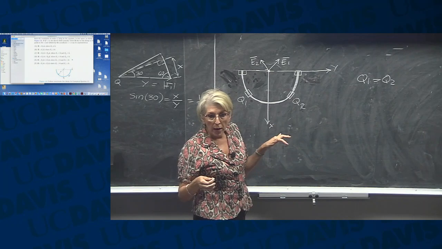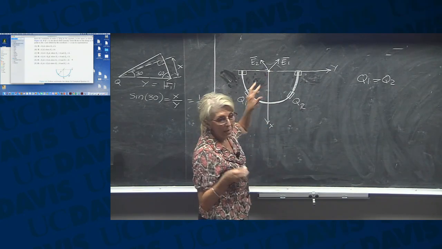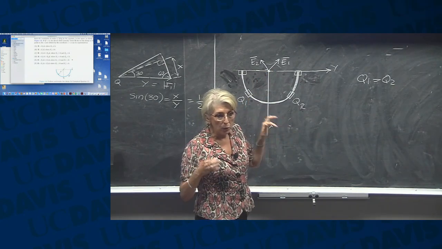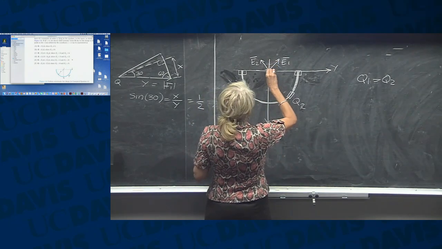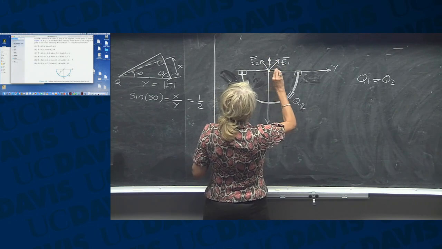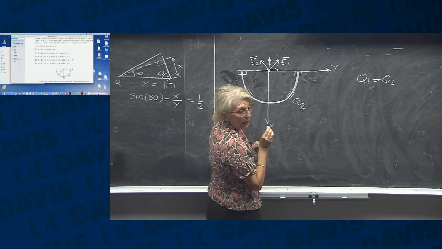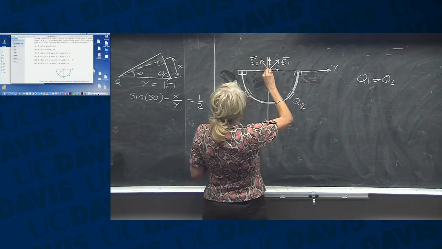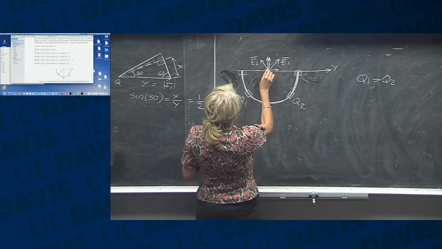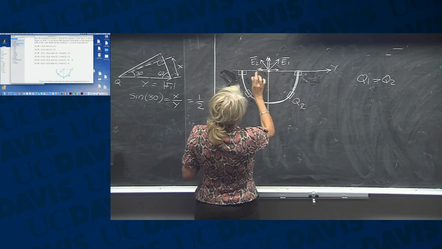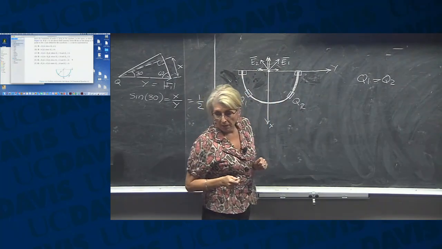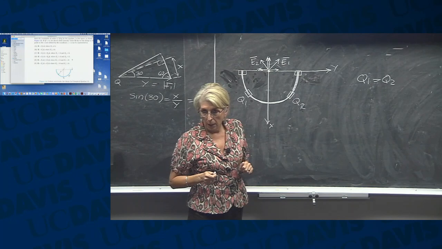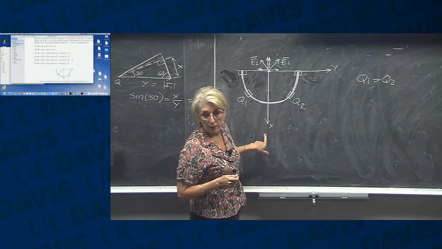But if I were to take each one of those and split them into their X and Y components, how would that be? This one will have one component like this and one component like that. Do you agree? This one will have one component like this and another component like that. So the sum of the two is going to have how many components? Only one, and it's going to be along the X direction. Yes?